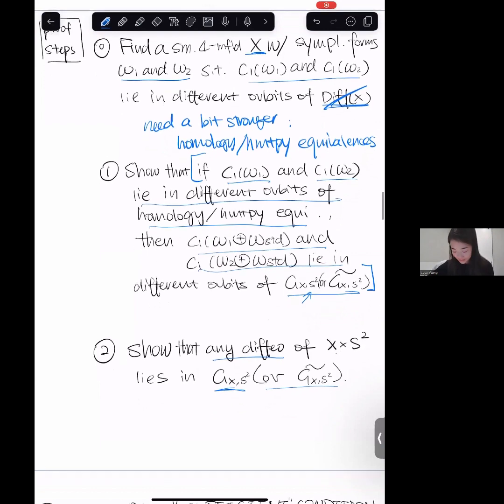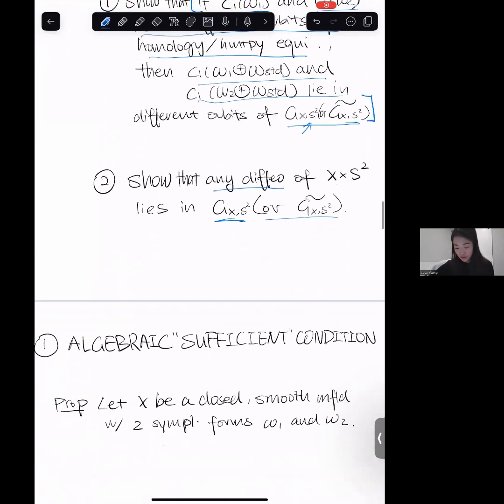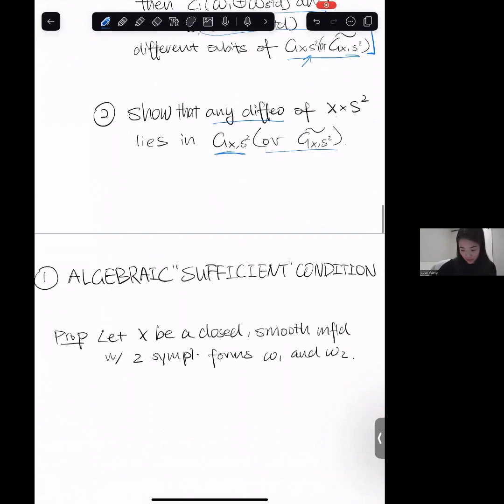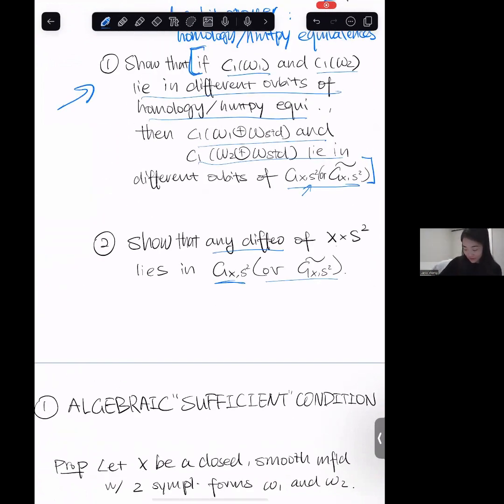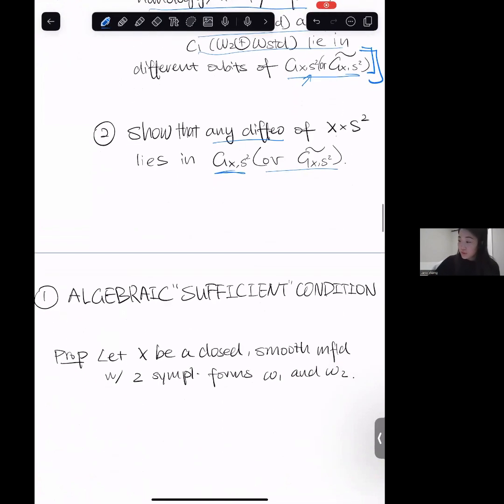Okay. So let me tell you about this algebraic sufficient condition. So this step, like the statement in the bracket. So the proposition is: let X be a closed smooth manifold with two symplectic forms, omega 1 and omega 2.